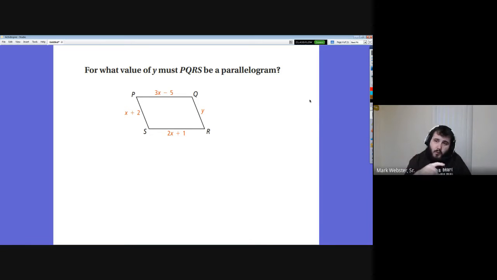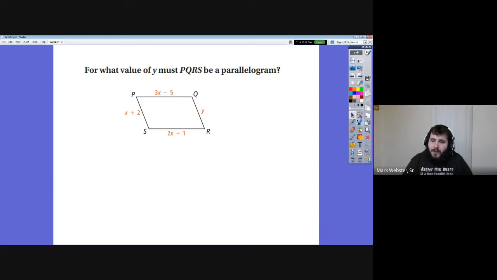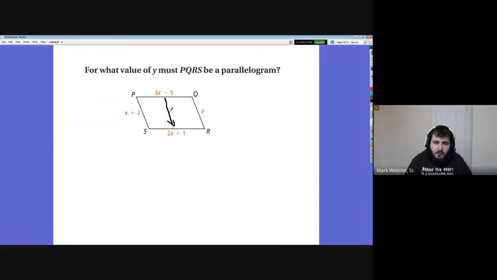So going one way versus going the other way, we can do the exact same problem and have it be asked in two different ways. So just be aware of that. Don't be caught up with the language. Think about what they're asking about. So what we talked about earlier is that the opposite sides are congruent to each other.